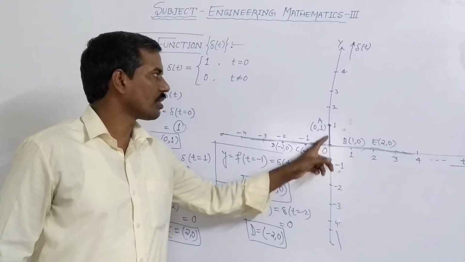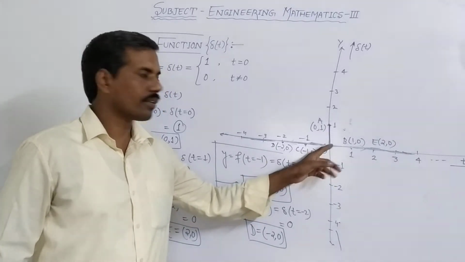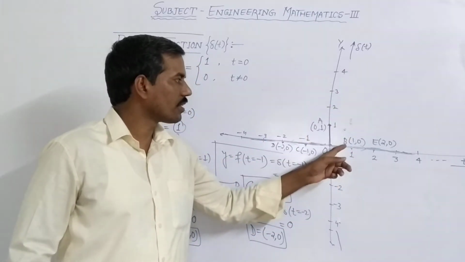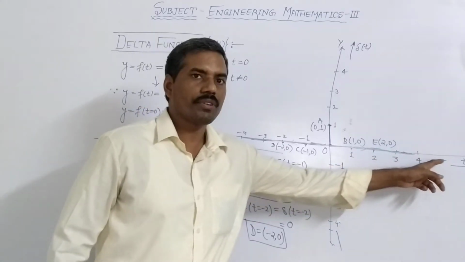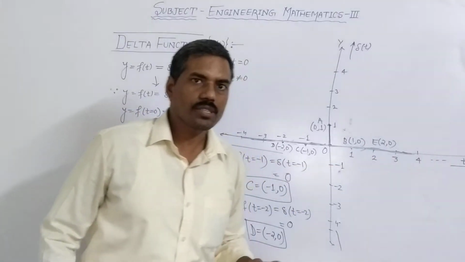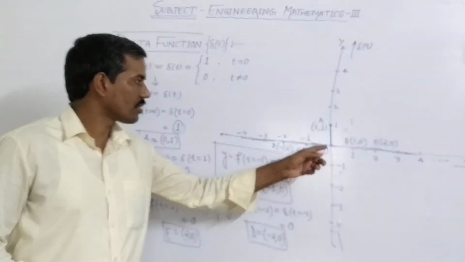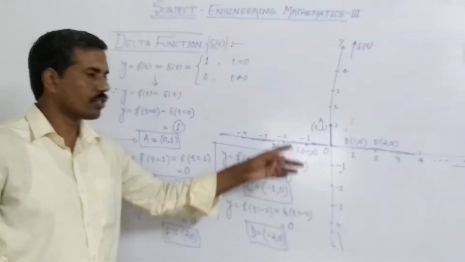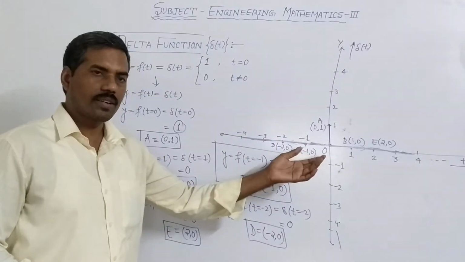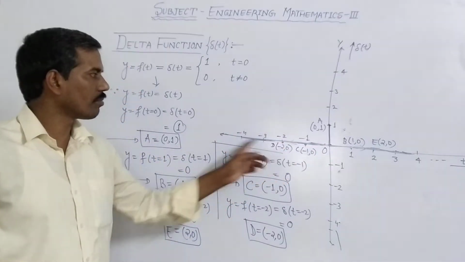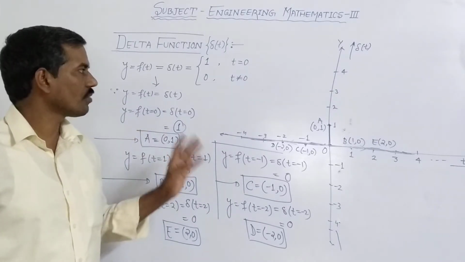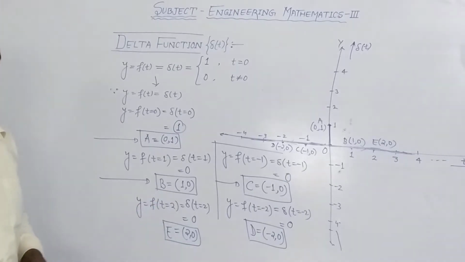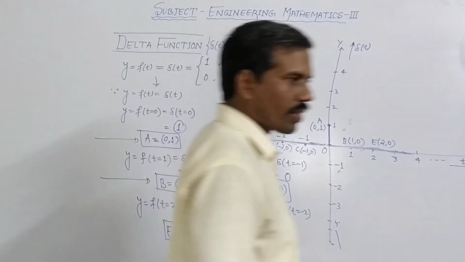At t is equal to 0, delta t is 1, and delta t is 0 at each and every point on the positive x-axis and at each and every point on the negative x-axis. In this way, we get the graph of delta t. Students, please write down and make a note.